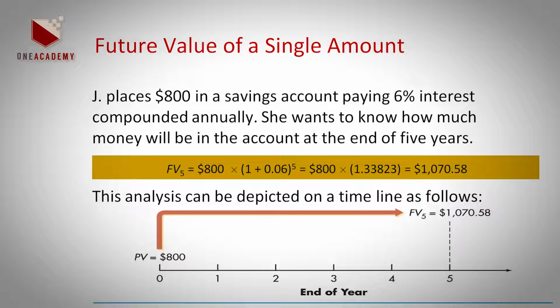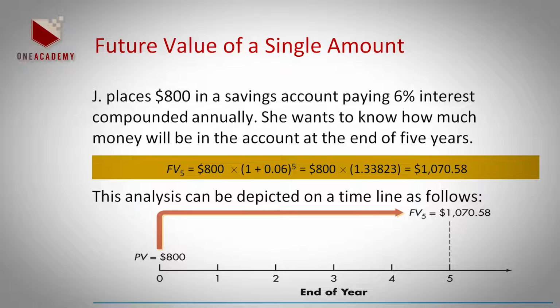Correspondingly, we could, of course, solve a case here. Let's assume that John places $800 in a savings account paying 6% interest, compounded annually. He wants to know how much money will be in the account at the end of 5 years.